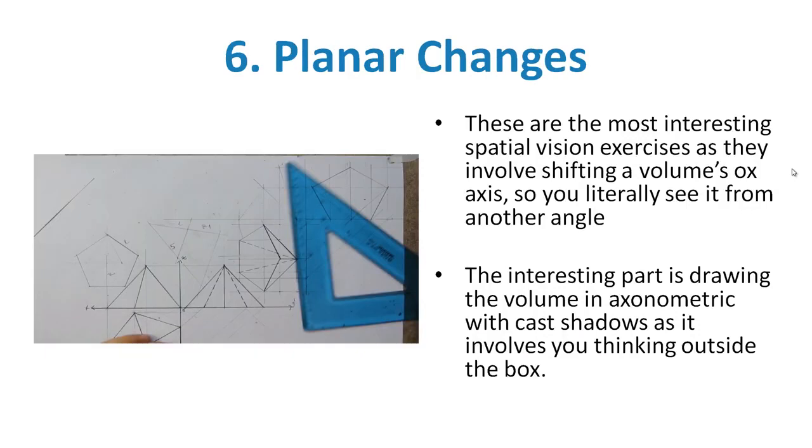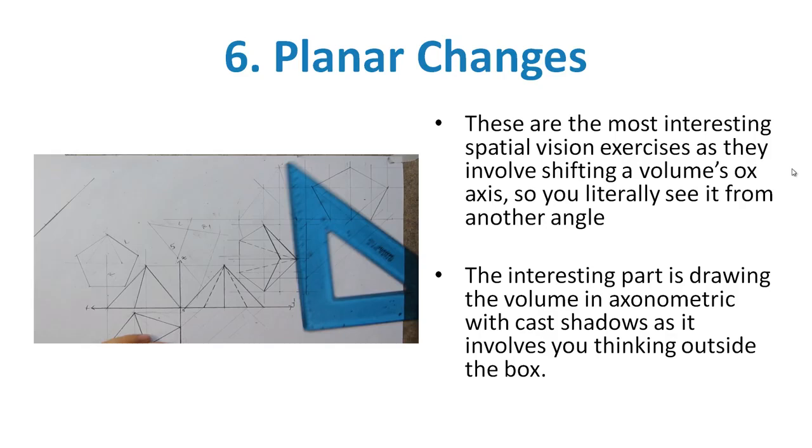Planar changes, these are mostly about 3D vision again, but they are probably the most challenging, because they just challenge you to basically reimagine the way you see a simple volume. So you see, you go like a pentagonal pyramid, and you flip it on one side, and that is a planar change, right?